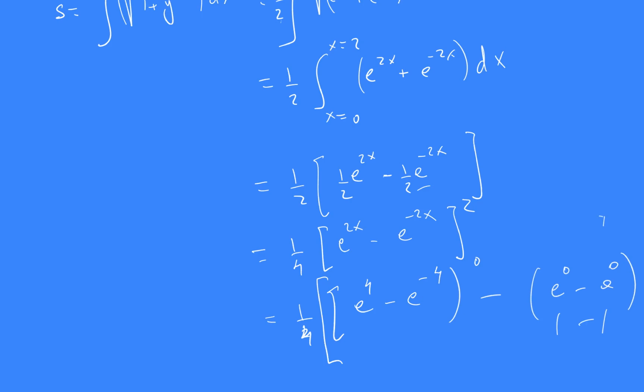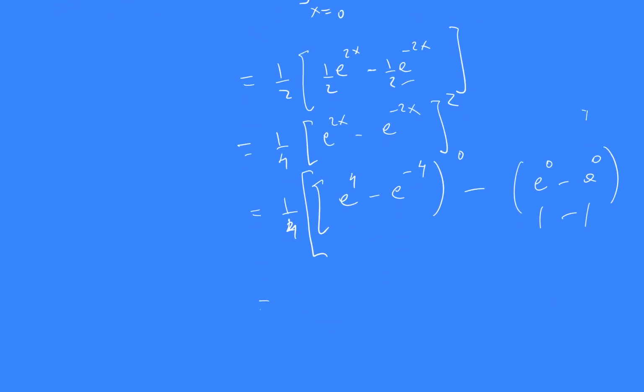So this term will be 0. So at the end it will be 1/4 e to the 4 minus 1 divided by e to the 4. Well, and this is the length.